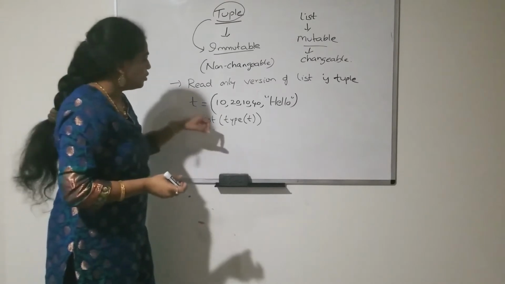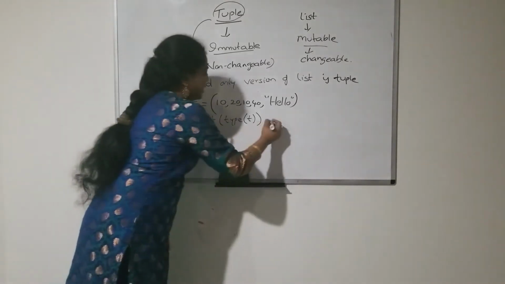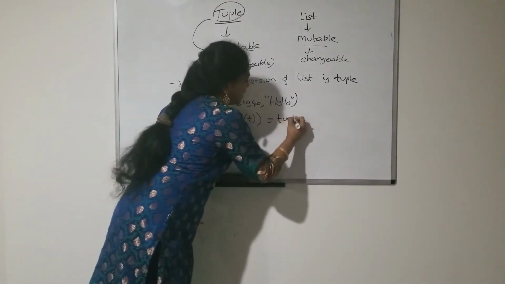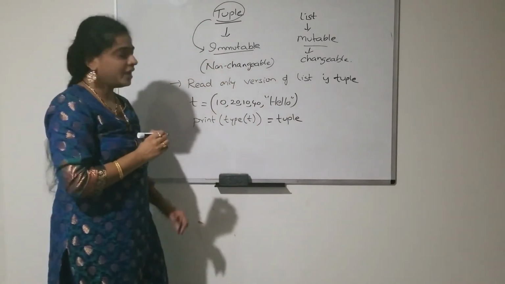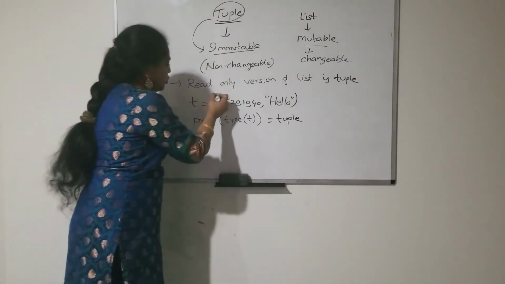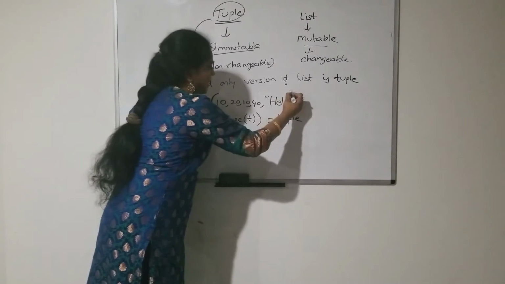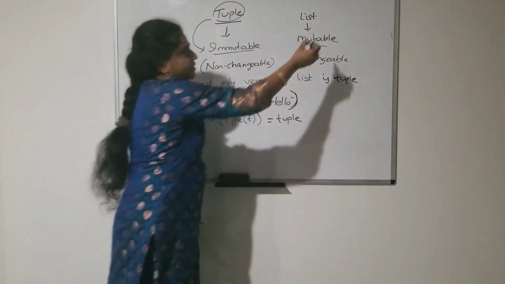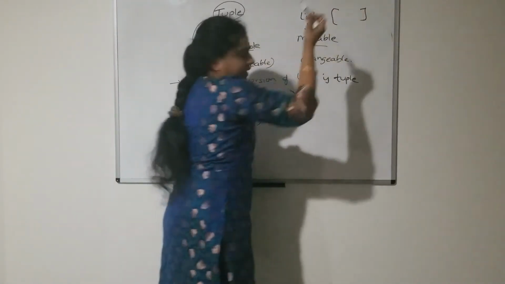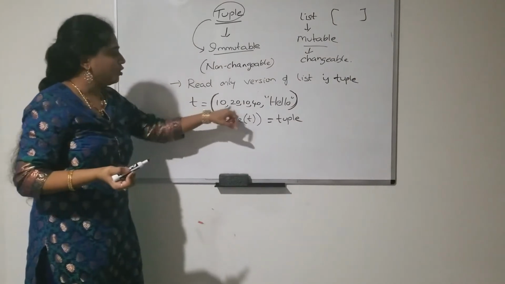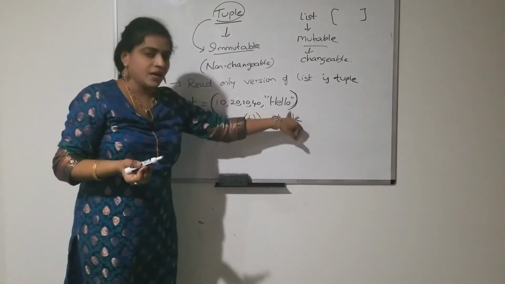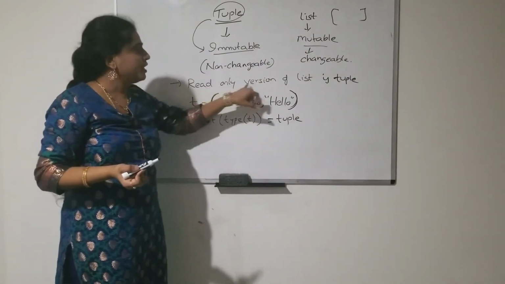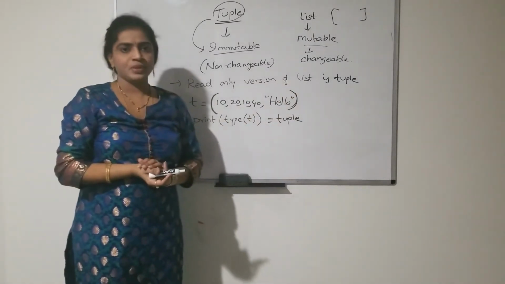So, if you print the type of t, then the output will be tuple data type. The notation for tuple is parentheses, whereas the list notation is square brackets. So, for tuple you have to use parenthesis notation, and tuple is the read-only version of list.